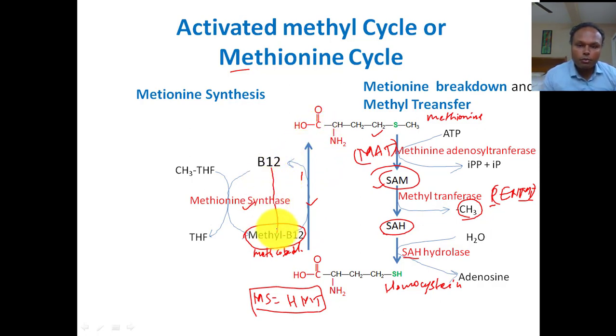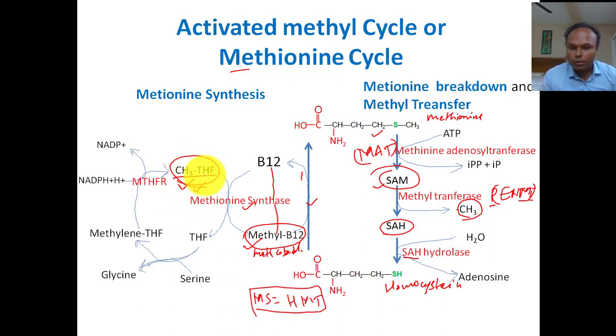Where does this vitamin B12 get the methyl group? It gets the methyl group from methyl tetrahydrofolate. So this is how methionine synthase utilizes this methyl group as well as folate and vitamin B12. Now where does this tetrahydrofolate come from?